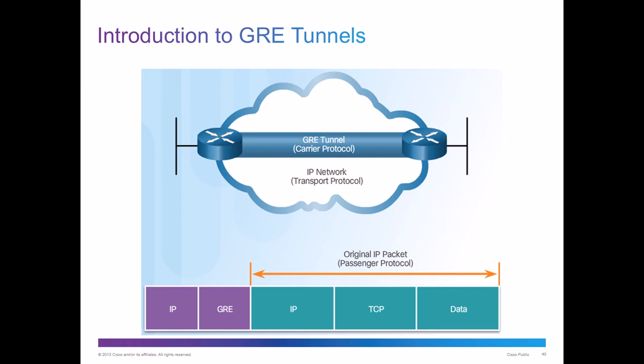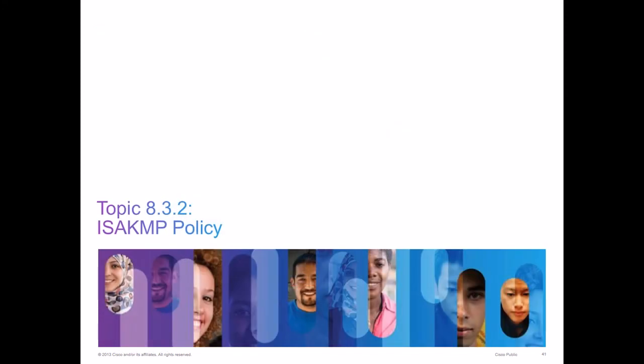No authentication, no encryption whatsoever. So you're just sending your data in a tunnel, hiding it from anybody else when it's traveling across the internet. But there's no security with this at all. But it's still a VPN.